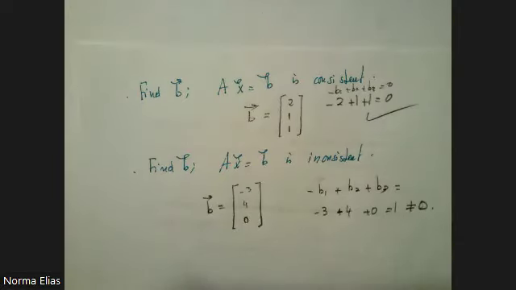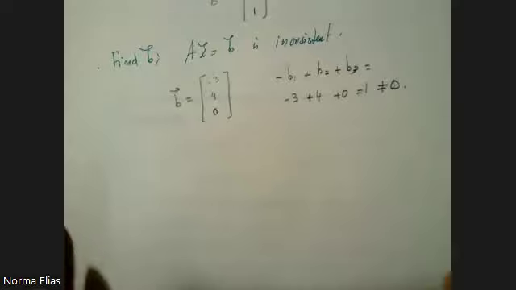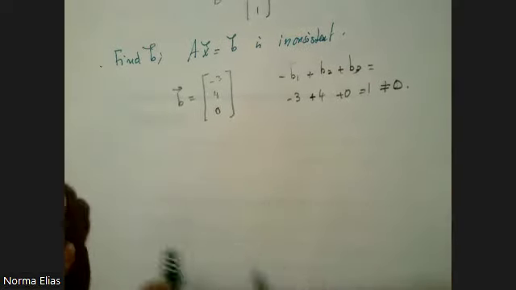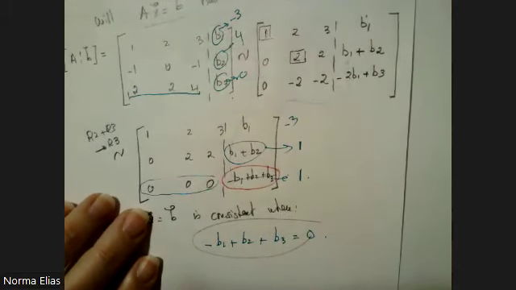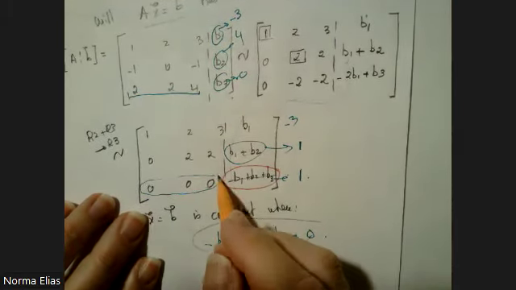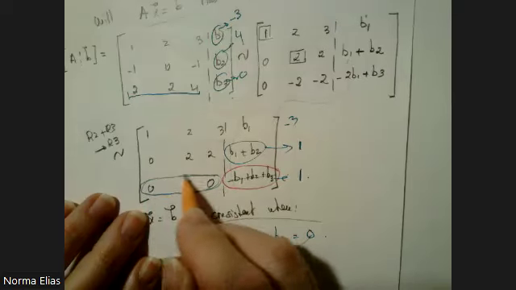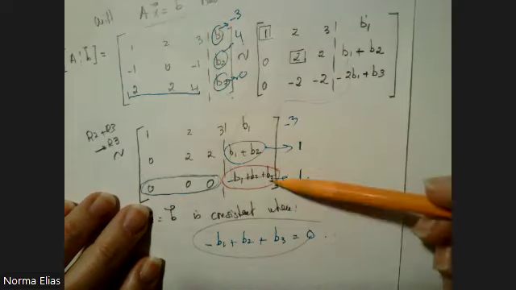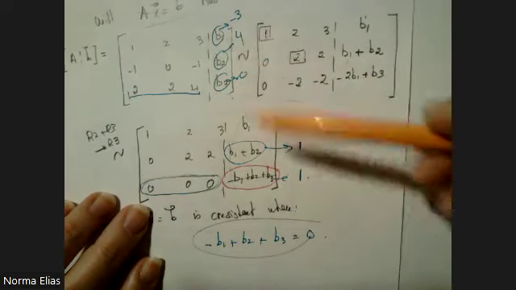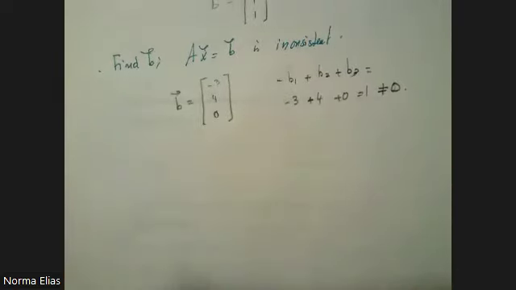Okay. So what does this tell us? What does this tell us? So if I get the matrix A, and I end up with a row that has no pivot, it means has no leading entry, the scenario would be that for some vector B, there will be a solution.